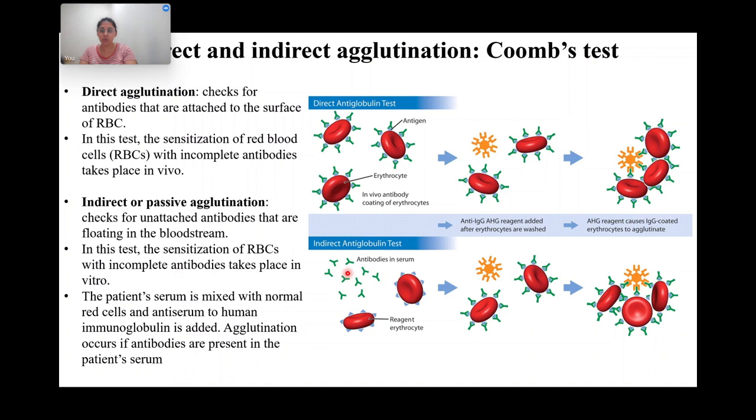These opsonins, which mark the cells for phagocytosis, are generally immunoglobulins or complement proteins. So if you see here, you have the antigens, then the antibodies, and as we have said, the antibodies are opsonins, so the complex can be taken inside and then lysed.